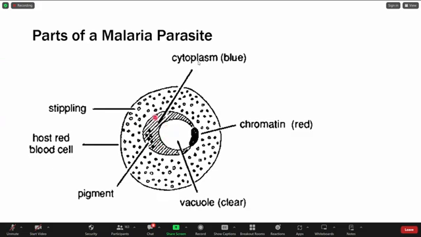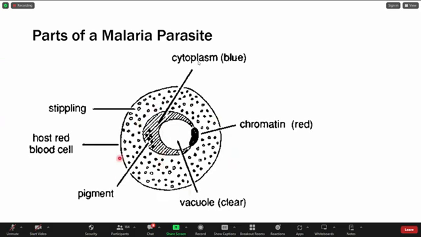Then inside the parasite cytoplasm, there is some golden yellow or golden brown color. That color is for pigment, malaria pigment that is produced by digestion of hemoglobin by this blood cell.